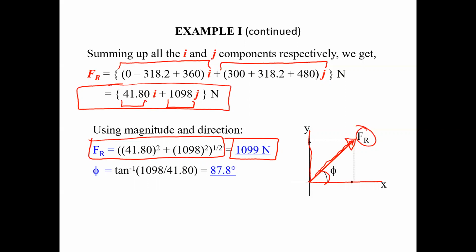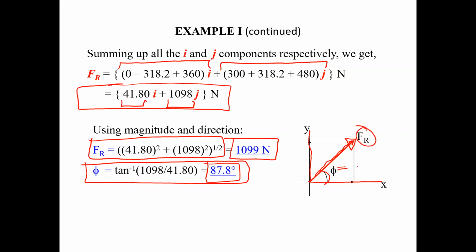And now, next thing is to find the direction, right? The angle of this resultant vector, FR. How do you find that? Find that in this fashion. Let's say the direction or the angle which it makes with the x-axis, let's say that this is phi. So phi equals tan inverse of 1098, or FRY, divided by FRX, which is 41.8. So you get 87.8 degrees, right?